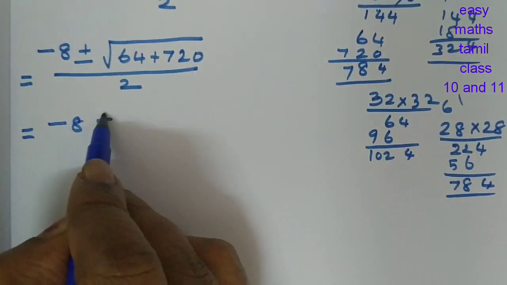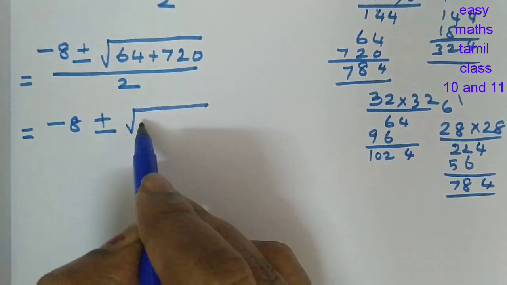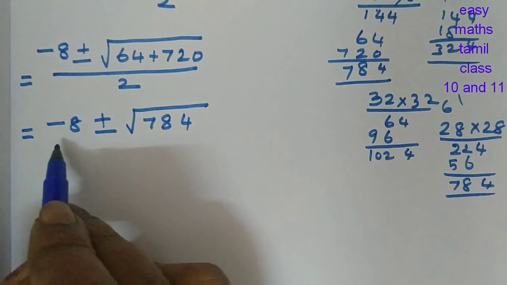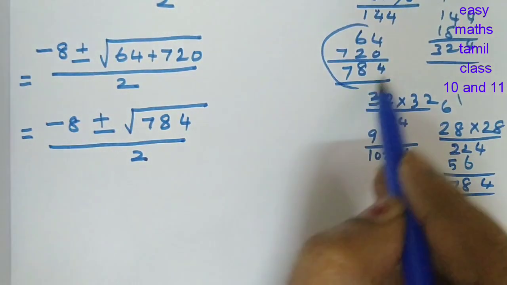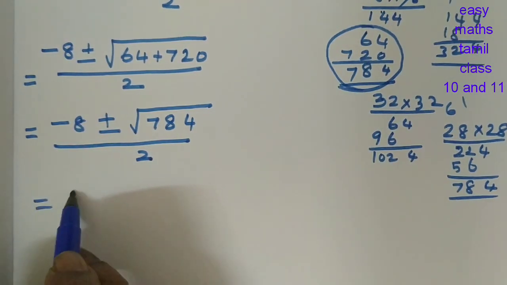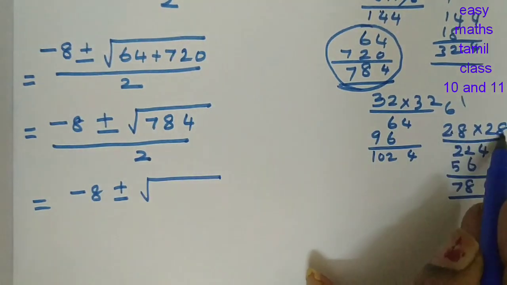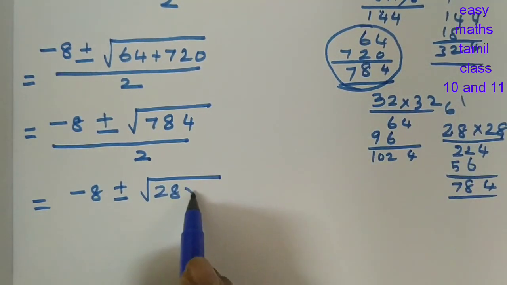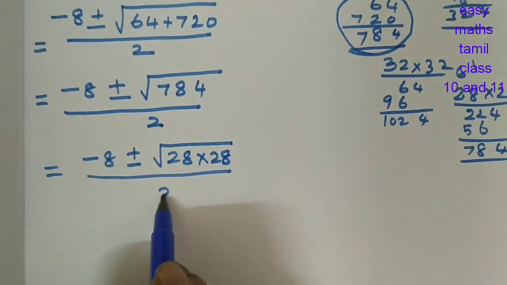Minus 8 plus or minus root of 784, 28 into 28 is 784, divided by 2.